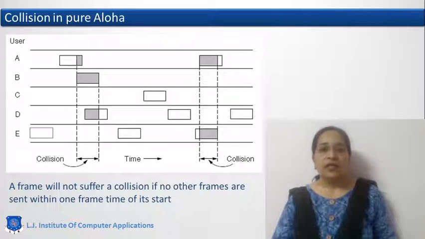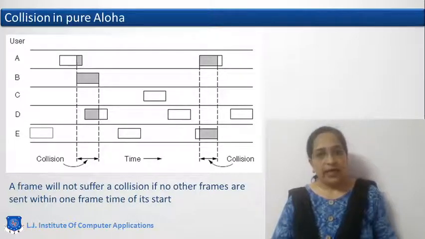This is the pictorial representation of pure Aloha. Here you can see that there are 5 stations. Each station or user is sending their frames in the channel. This is the shared channel. You can see here the dark gray portion shows the collision. Collision means the frames collided with each other and the receiver will not be able to get the proper data.